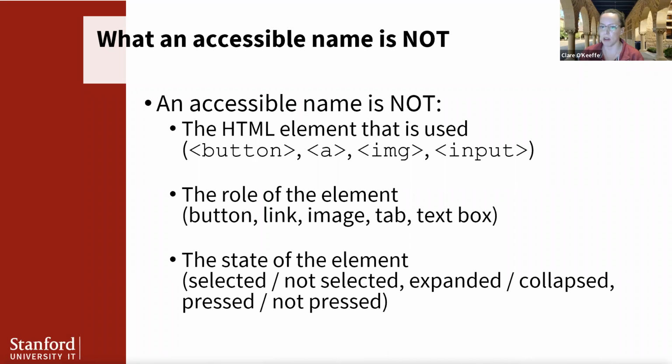So we're not talking about, it's a button, it's a link, it's an image, it's a tab, it's a text box. That's not what the name is either. Those identify the role of the element, what it does. And we're also not talking about the state of it. So you can have controls that might be selected or not selected, expanded or collapsed, pressed or not pressed. So that's the state. That's, again, not the name of an element.